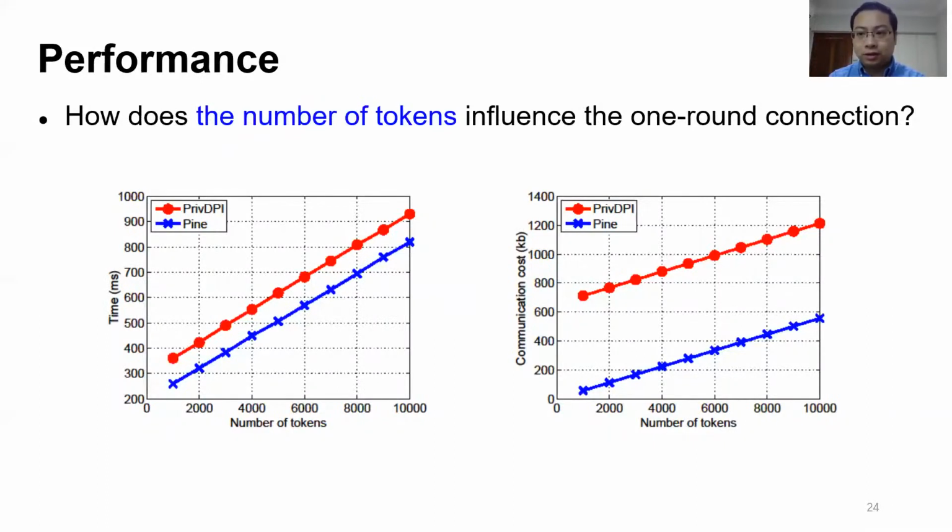However, in each case, the time consumed by Pi is less than PrivDPI, and the right figure shows the communication cost in the same setting, similar to the running time. The communication costs of Pi and PrivDPI are both linear with the number of tokens, but Pi incurs less communication than PrivDPI.